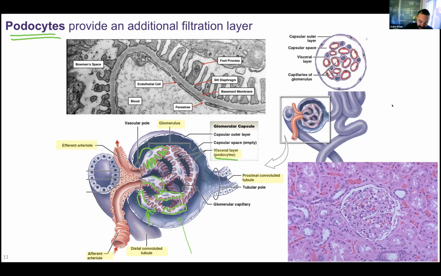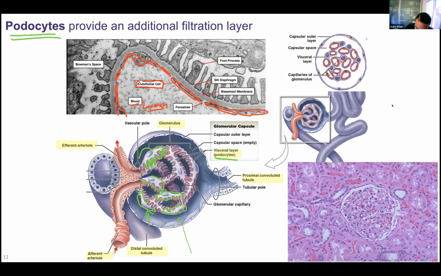Take a look at this transmission electron micrograph up here. What I'm tracing right now are endothelial cells of the blood vessels. So this is simple squamous epithelium. You can see the lumen of our blood vessel where plasma is in here.